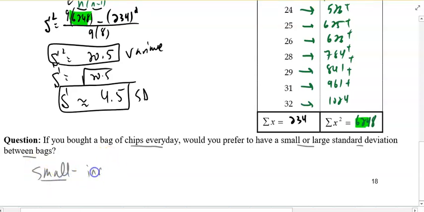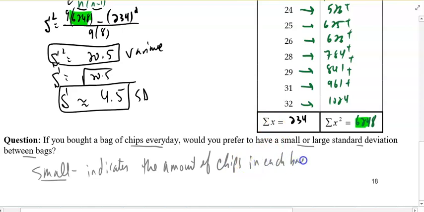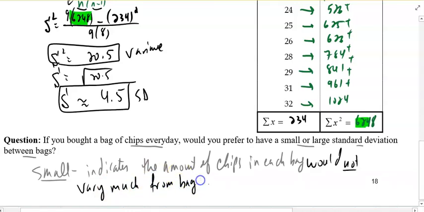Because that would indicate the amount of chips in each bag would not vary much from bag to bag. That's what that means.